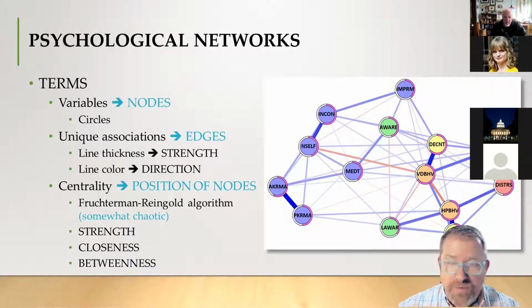People typically show network results with these spring graphs. You just have to take them with a grain of salt, because the exact position of nodes, of variables, in a graph like this is a little chaotic.